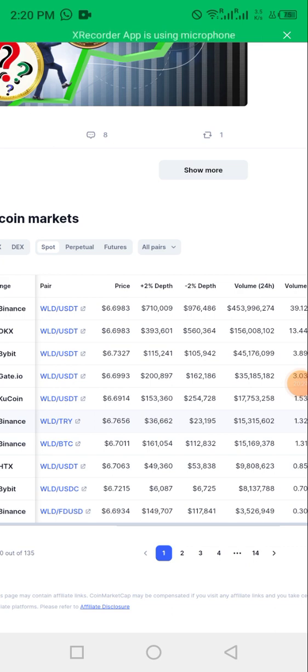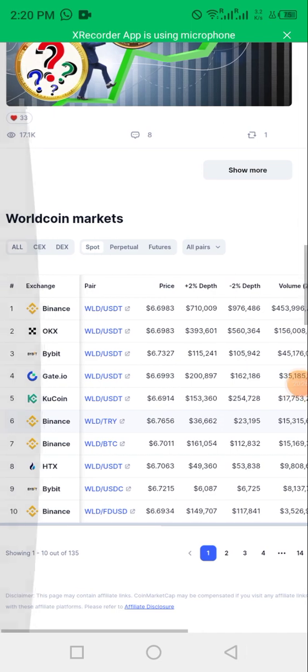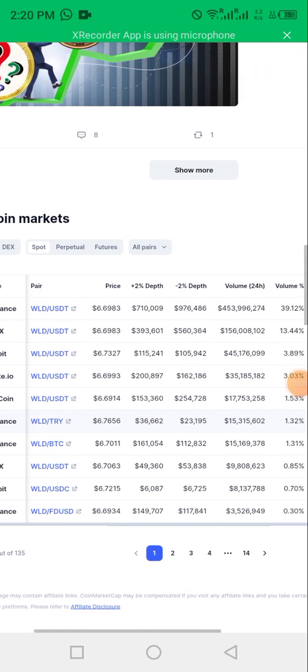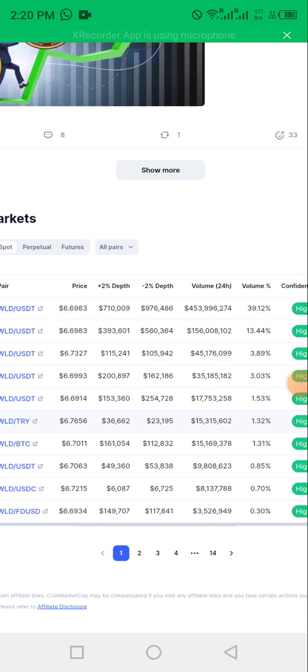So we've confirmed from this CoinMarketCap that our Wild USDT trading pair has a high volume of $45,176,099, and its -2% depth is lower than the +2% depth. So it's not giving us the particular positive sign for us to put in our market as we speak for Wild USDT.